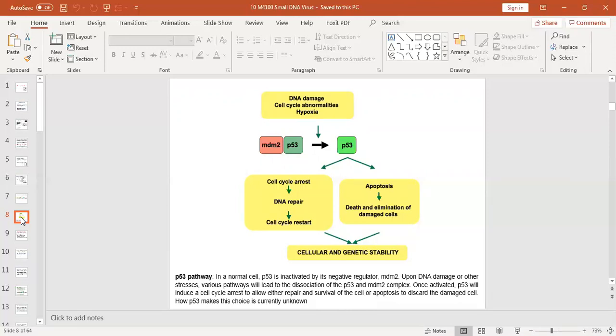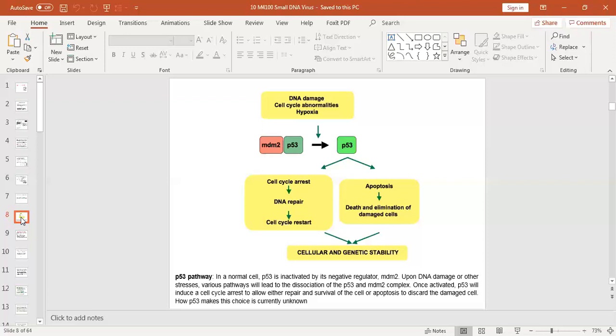However, if there is damage to the DNA of the cell, or there are some abnormalities in normal cell cycle progression, or under hypoxia or low oxygen levels, P53 will dissociate from MDM, becomes activated, and exerts its effects via two major mechanisms.